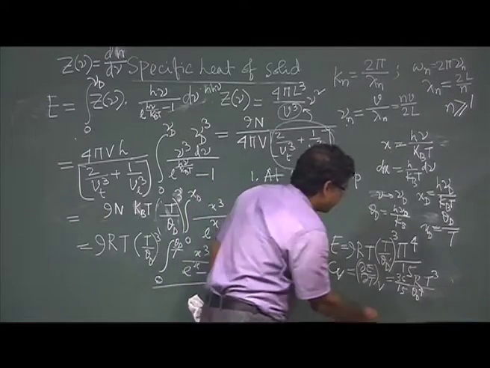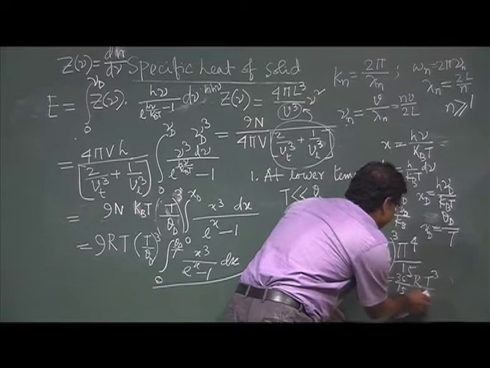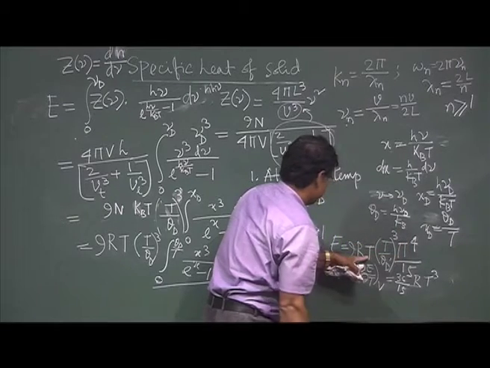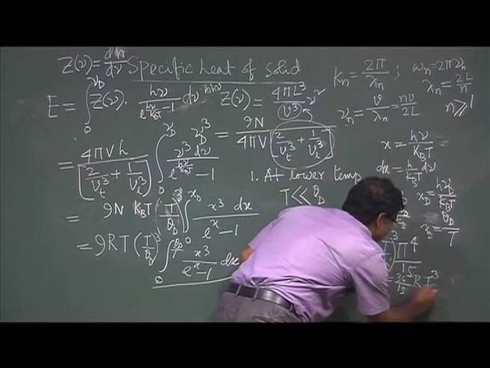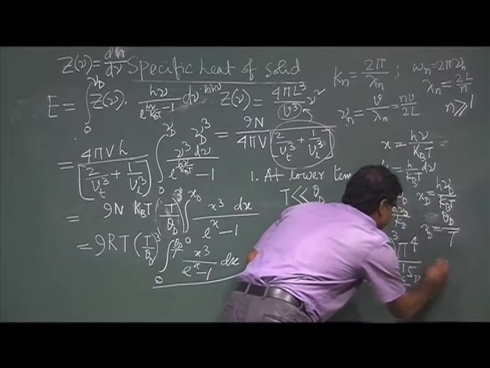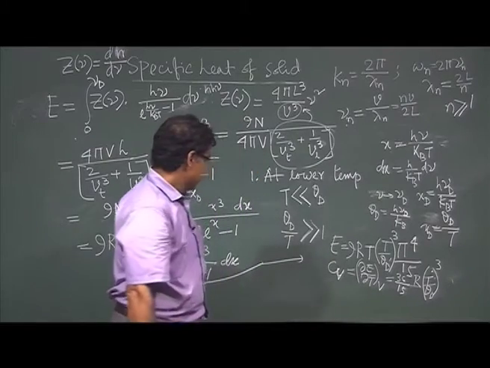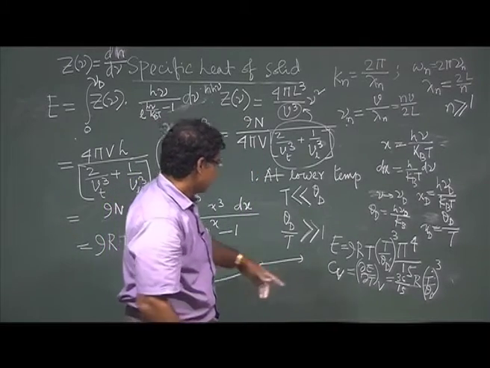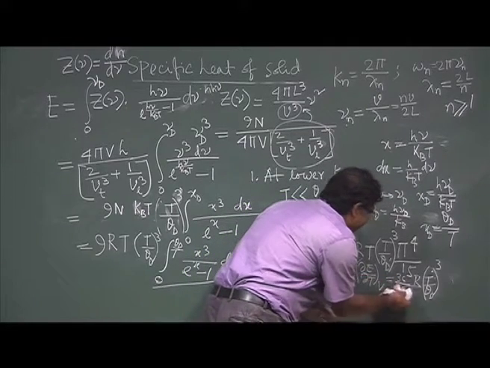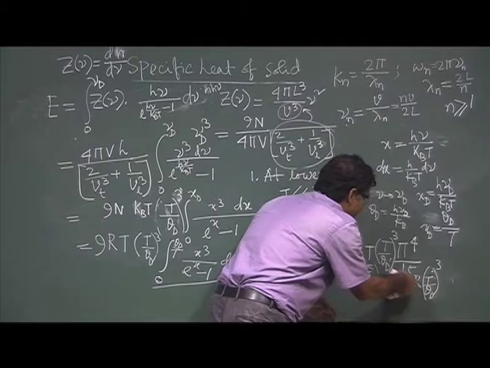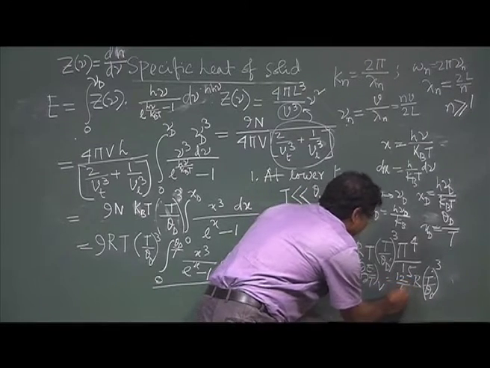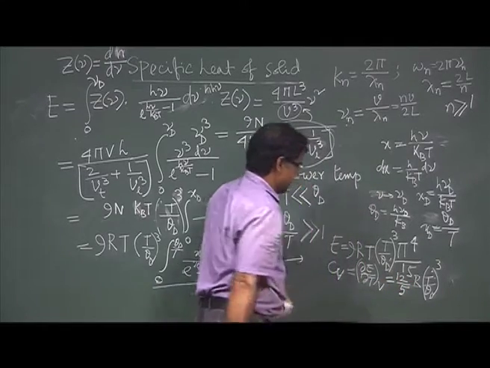Then I can write the same way, because the 4 is absorbed by this differentiation, T by theta D cubed, and the 3. So, 36 by 15 means 12 by 5.